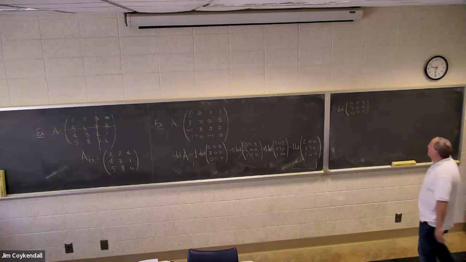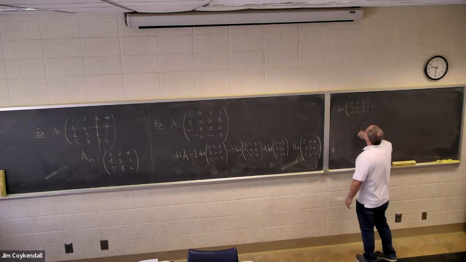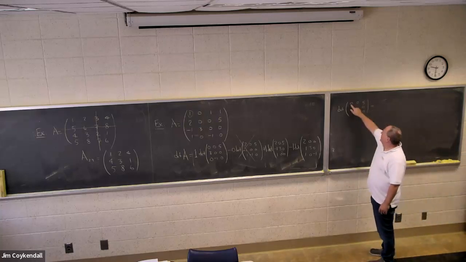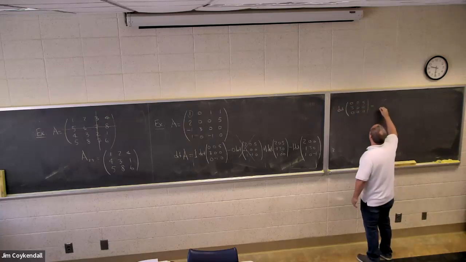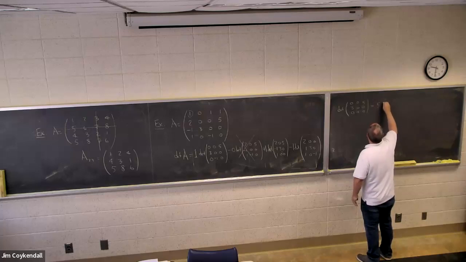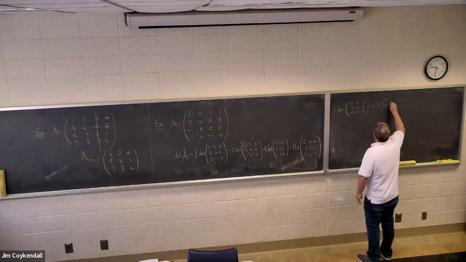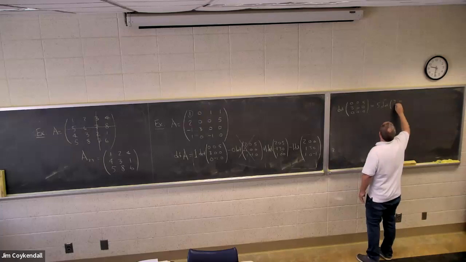Okay, let's do this. How do we do this determinant? 0 times this determinant, 0 times this determinant, and finally 5 times the determinant 3, 0, 0.